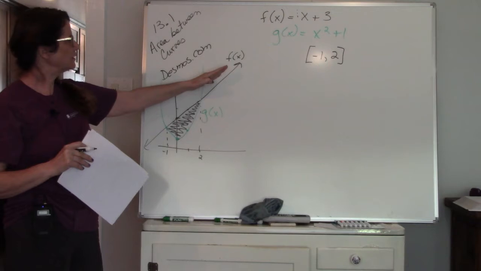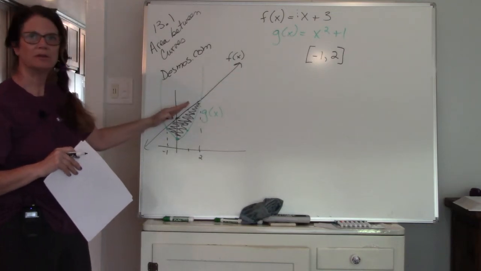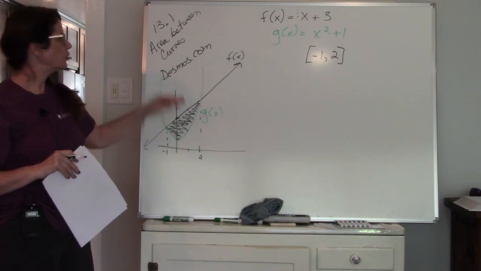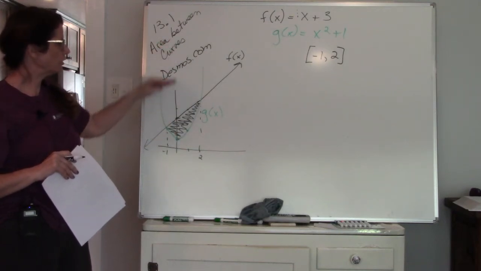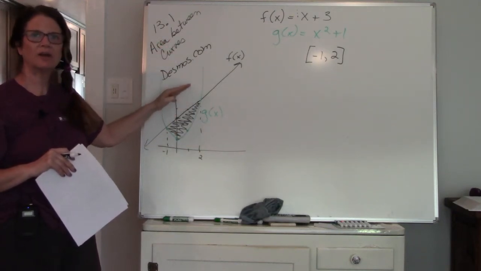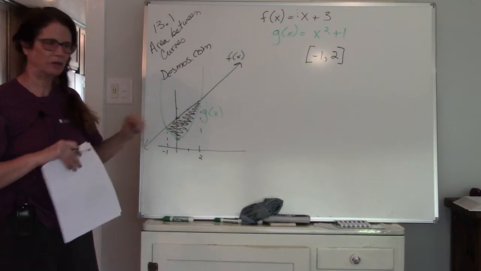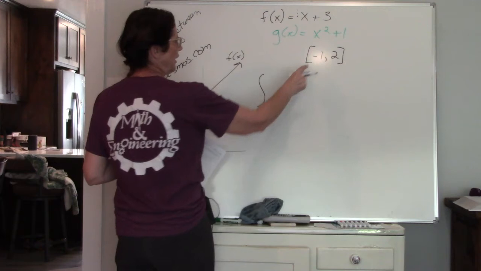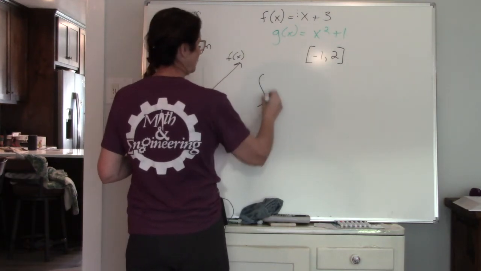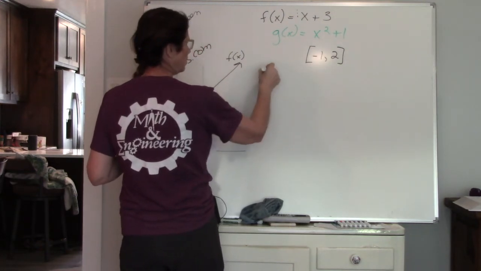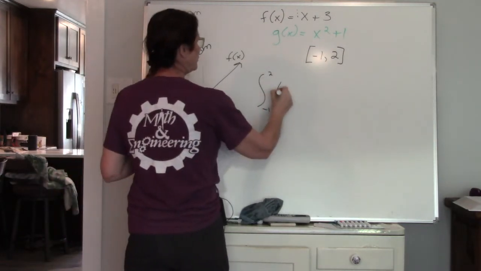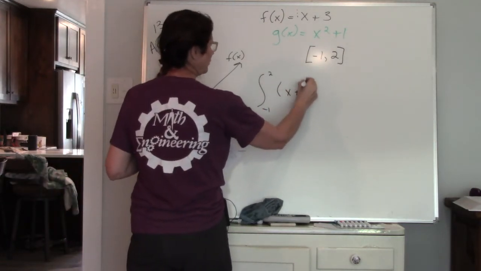Well, my linear function is on top. My parabola is on the bottom. So when you're finding area between two curves, remember you're subtracting the upper minus the lower. So your integral is going to look like this. It's between negative 1 and 2, upper value on top, lower value on the bottom, and I am going to subtract my two functions.